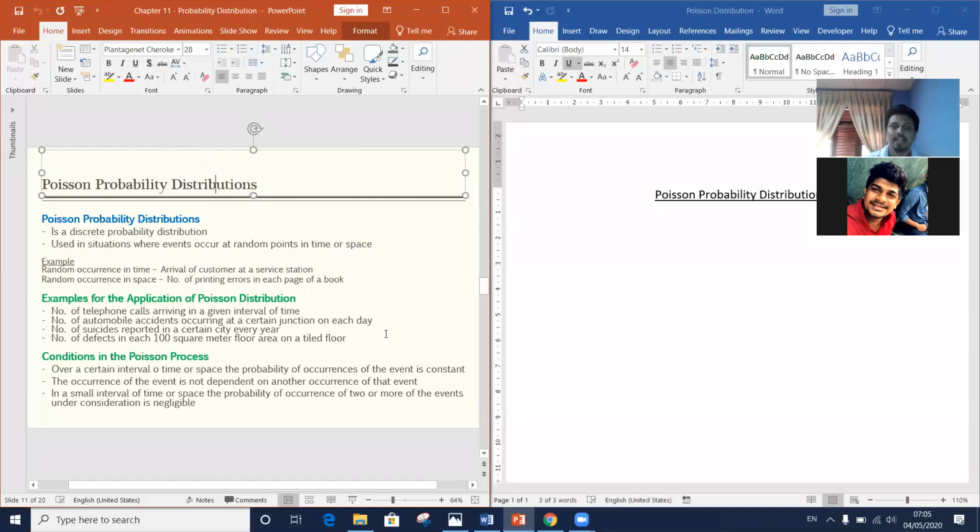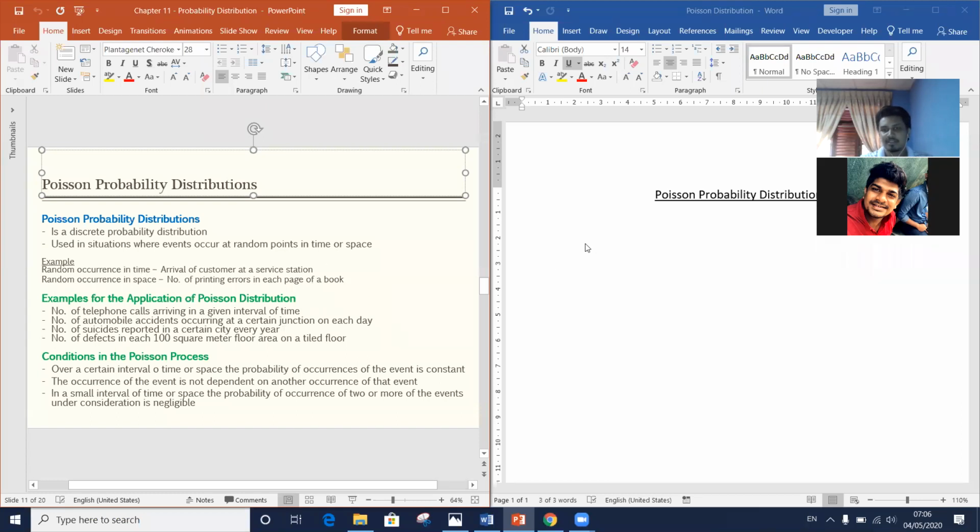If we want to calculate the probability related to time or space, in those situations we are supposed to use Poisson probability distributions, right?